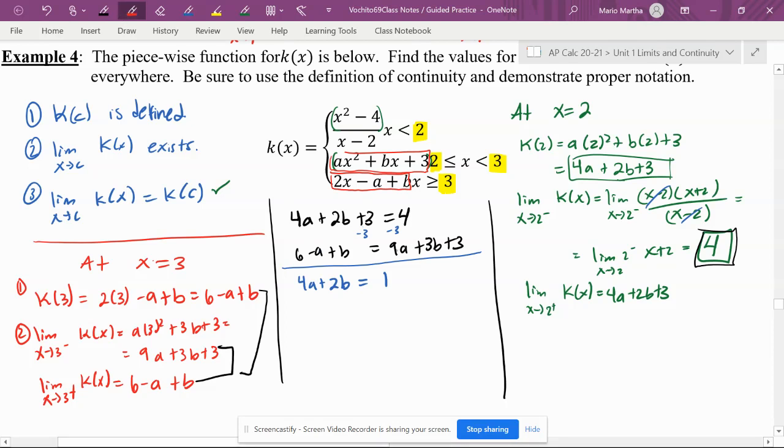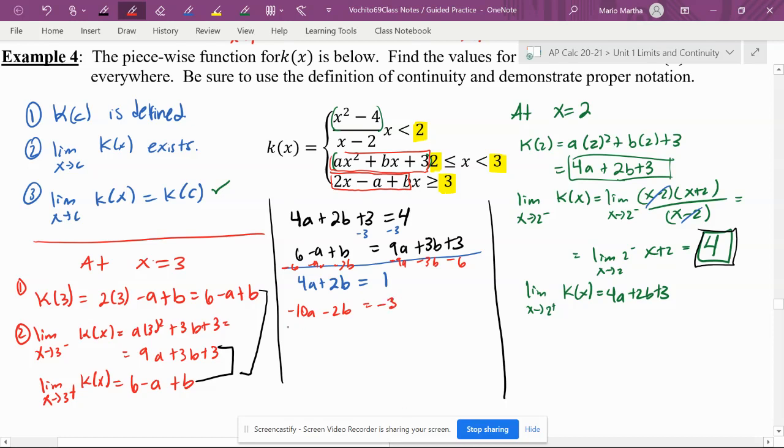Let's see what happens there. So subtract 9a from both sides. That leaves us with negative 10a. Subtract 3b from both sides. That leaves us with negative 2b. And then the final part would be subtract 6 from both sides to have the variables and the constants on the same sides. So that would be negative 3.